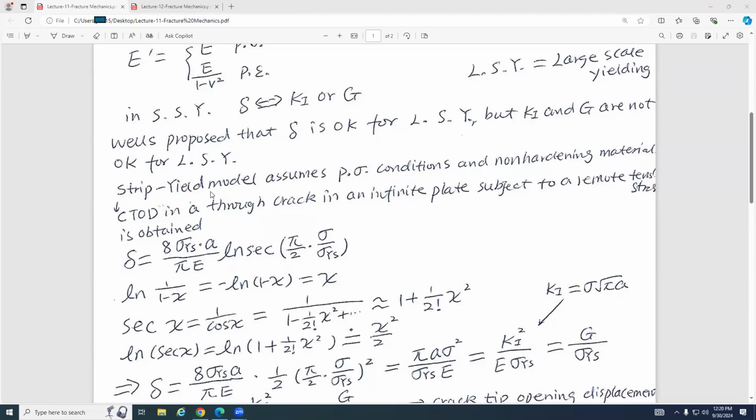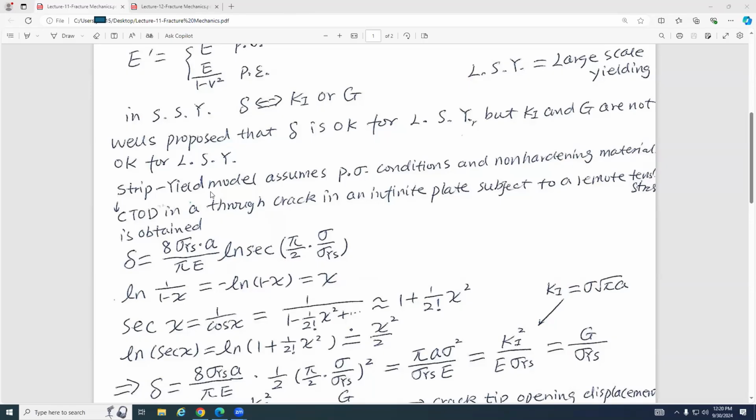And here is the CTOD for a through crack in an infinite plate subject to remote tensile stress. So this is the delta for the strip yield, okay? Delta equals 8 sigma ys crack length over pi E, log secant of pi sigma over 2 sigma ys.